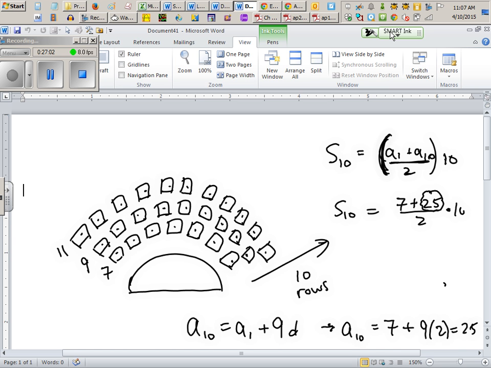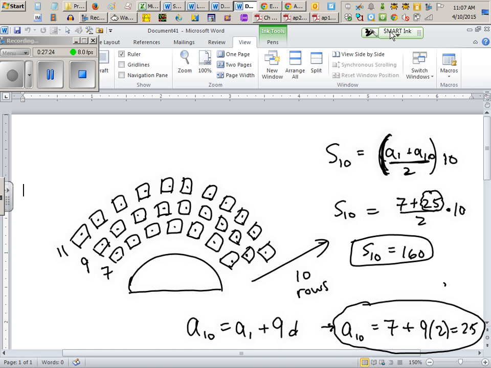I circled where I put it there, so you can see that this required a little detour step to get that value. Okay, so what's 7 plus 25? 32. What's 32 divided by 2? 16. And what's 16 times 10? 160. So 160 chairs, right?